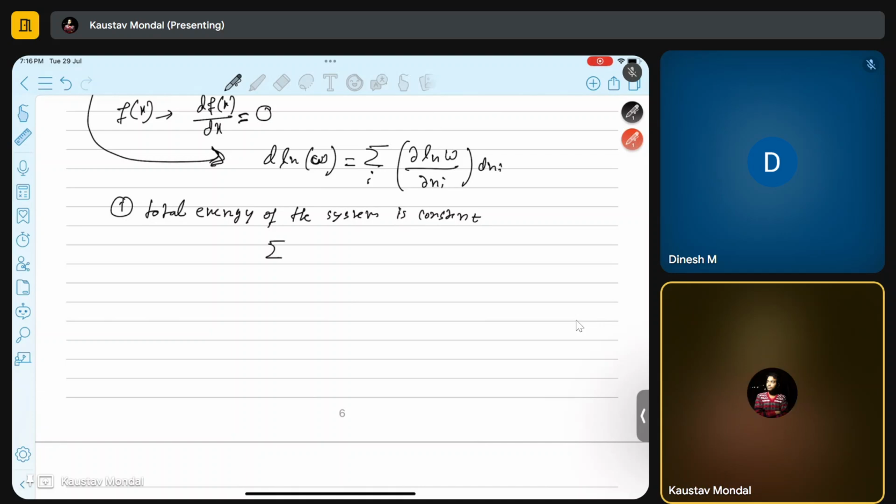You can write it like the sum of Ni Ei is E. That is the total energy. That is fixed.